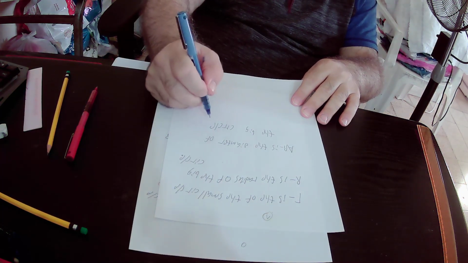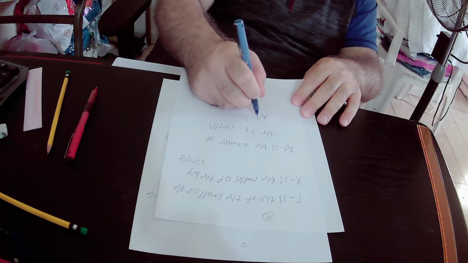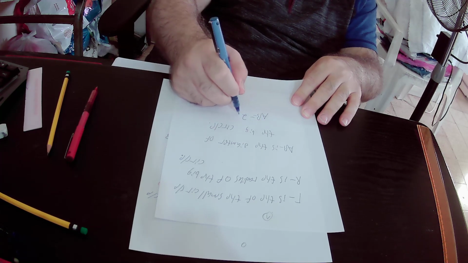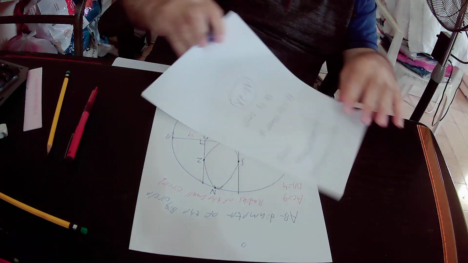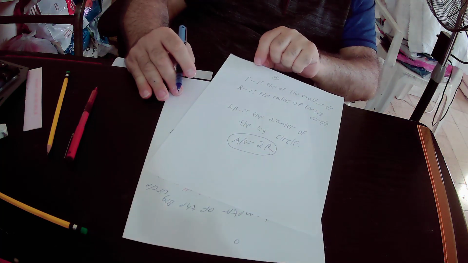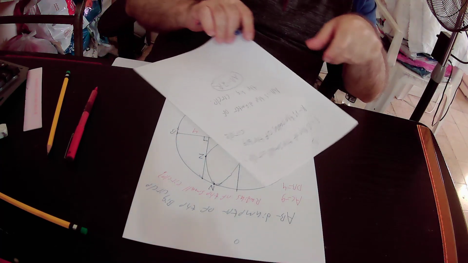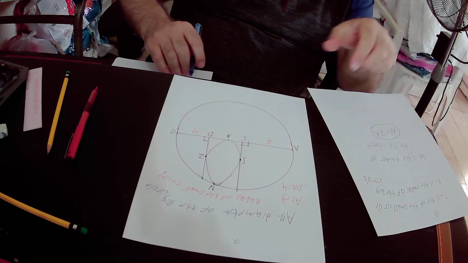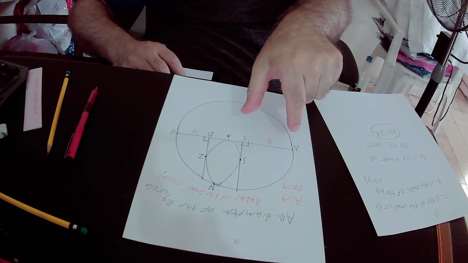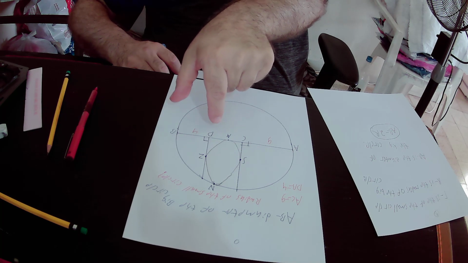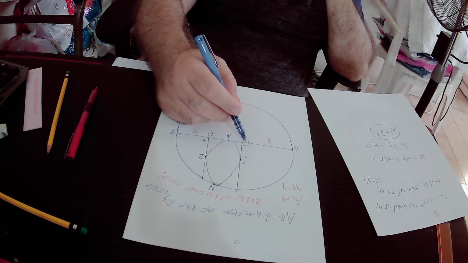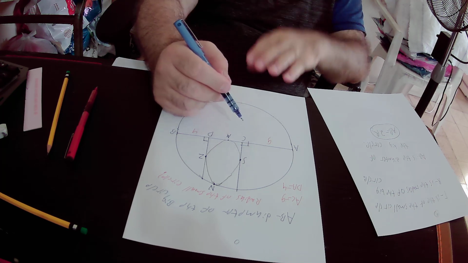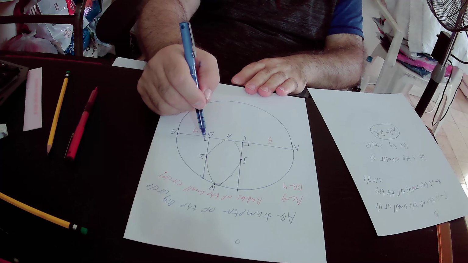That is to say, AB equals 2 times the radius of the big circle, or AB equals 2 times capital R. And we also know that AC equals 9 units and DB equals 4 units, and we also know that this angle is a right angle, and this angle also equals 90 degrees.